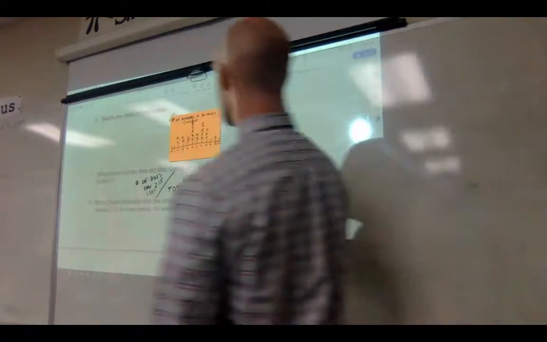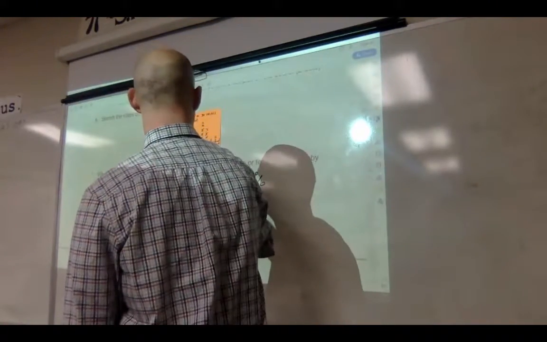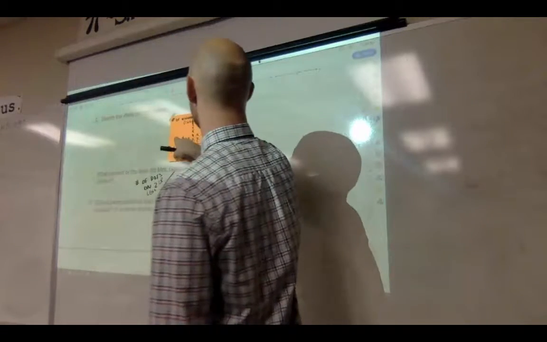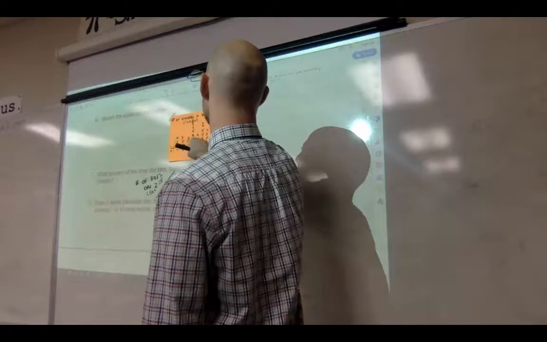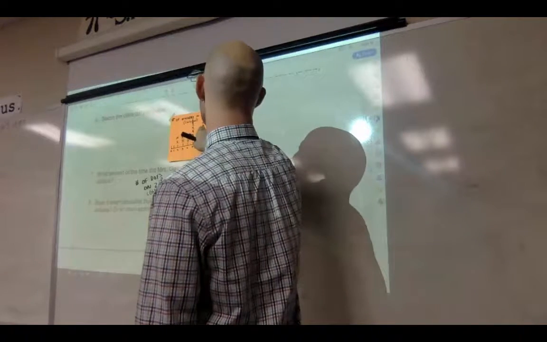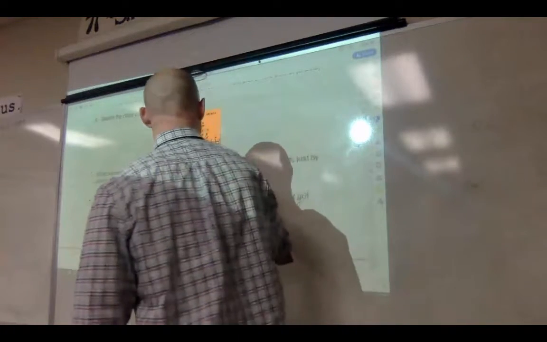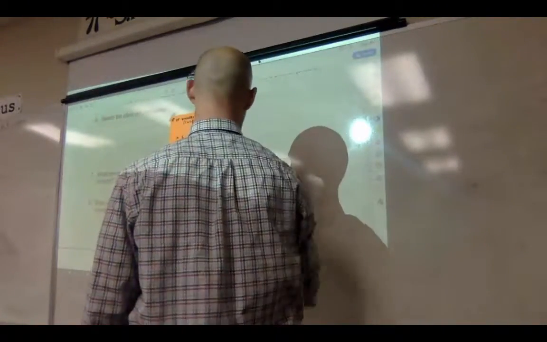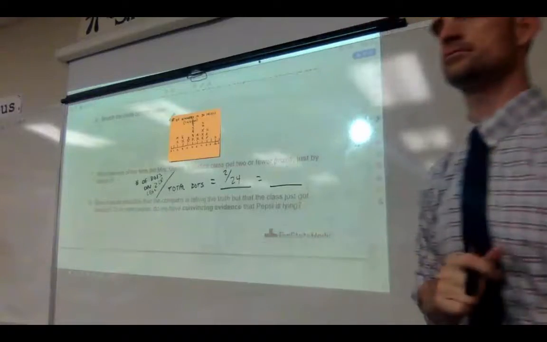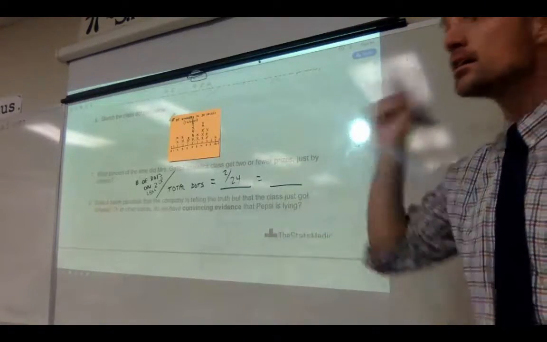So let's count them. There are 2 dots on 2 or less out of 1, 2, 3, 4, 5, 6, 7, 8, 9, 10, 11, 12, 13, 14, 15, 16, 17, 18, 19, 20, 21, 22, 23, 24. What's my percent there? Say it again.